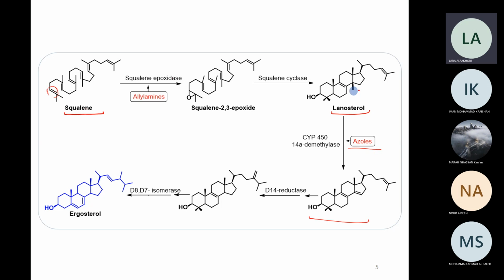This enzyme simply demethylates, or in other words, it removes that methyl which is on carbon 14, as the name indicates, 14 alpha demethylase. It removes that methyl and converts it into a double bond, or it inserts a double bond into the structure of lanosterol. Okay, this is also a key step, very important. This enzyme is a target of azoles. And later on, many steps happen afterwards that eventually give rise to ergosterol.